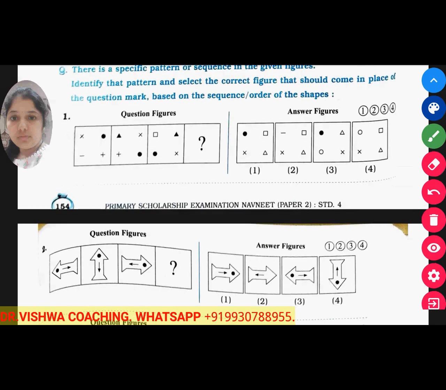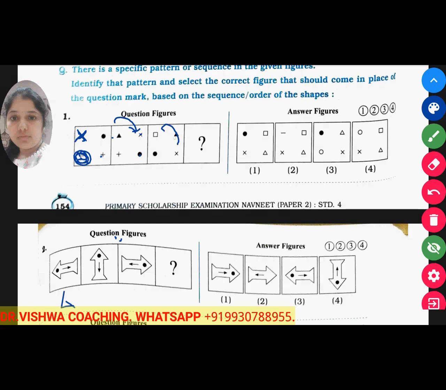Okay. Now see, in the very first question, the cross sign means multiplication, then a dot, then plus sign and minus sign. Now all the signs are moving clockwise. So this multiplication sign comes to the right side. This dot goes down. This plus sign comes to its left side, and a new sign is added instead of this left corner sign, which is a triangle. Okay.